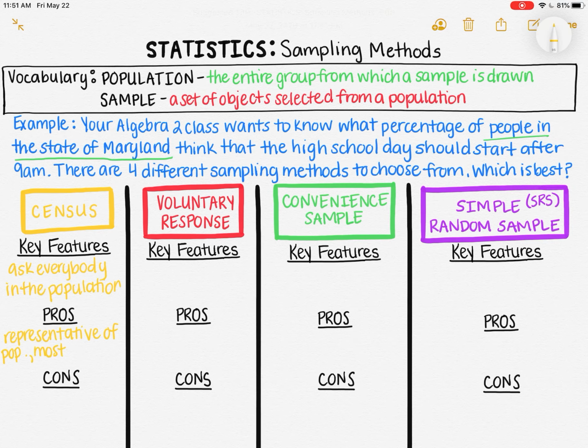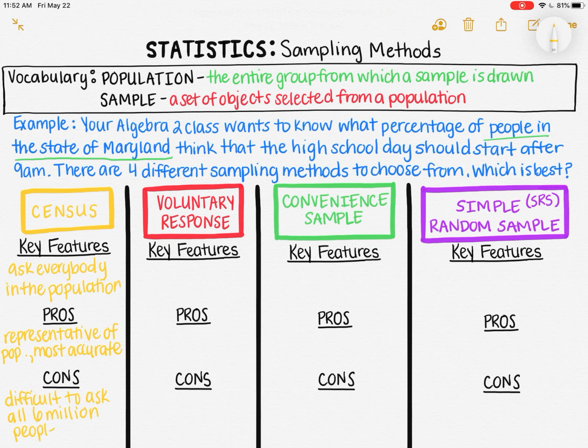It will also be the most accurate because we'll be collecting the most possible data about this question if we ask every single person. We'll just have the most data, so we'll have the most accurate answer. Now, the cons of this, you might already be thinking, is it's going to be very difficult to ask all 6 million people in the state of Maryland this question, especially from the perspective of this is your Algebra 2 class that wants to find out the answer to this question.